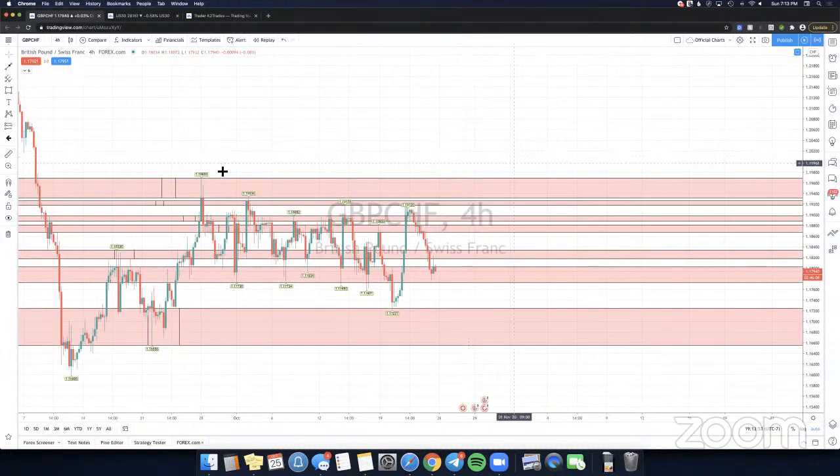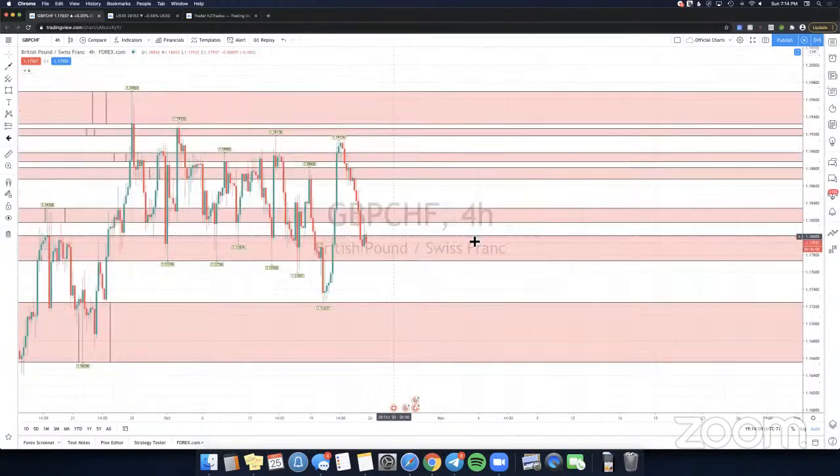All right, guys. So price looks like it's just consolidating. You can see it's been consolidating from this point and this point down here. It's literally just going sideways. But that doesn't matter. So this upper zone right here is going to be 1.18174. And this lower zone right here is going to be 1.17729.